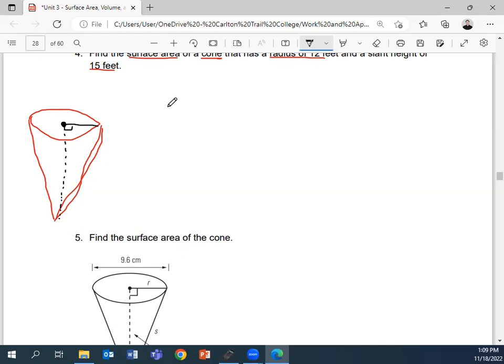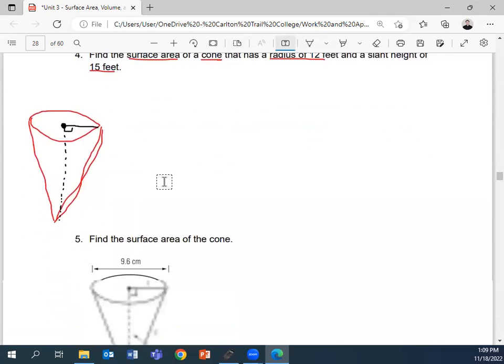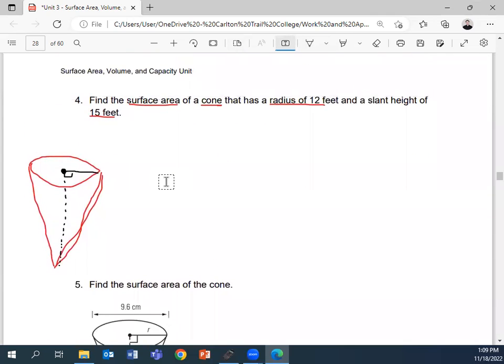So in this case, I need to then label it, right? So where do I put the 12? Austin, where do I put the 12? In the middle, right? It's the radius.